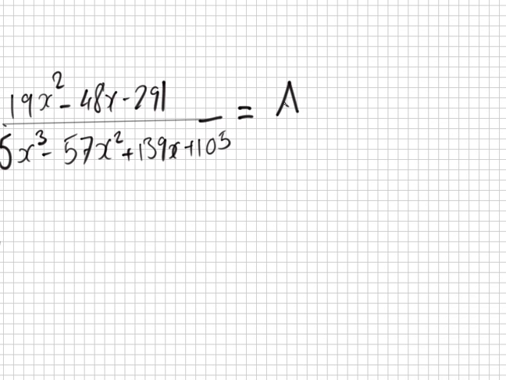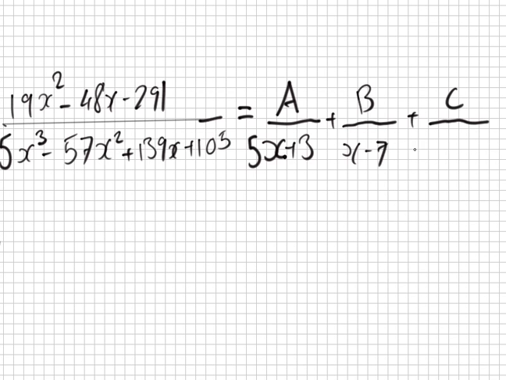So we have A over the first one, which is, I think 5 it was, let me check again, 5x plus 3, plus B over x minus 7, plus C over x minus 5.